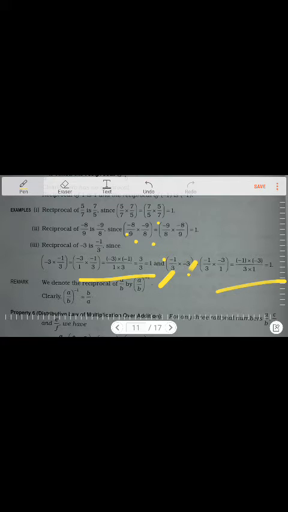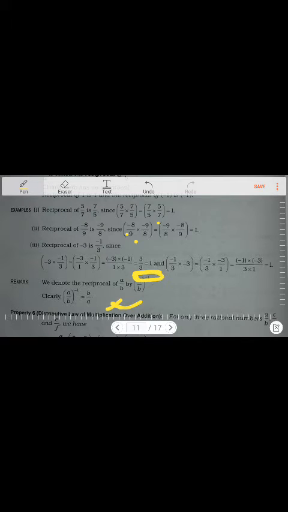So students, if you see the remarks, we denote the reciprocal of A by B as A by B inverse. Clearly, A by B inverse is equal to B by A. This power minus 1 is what?